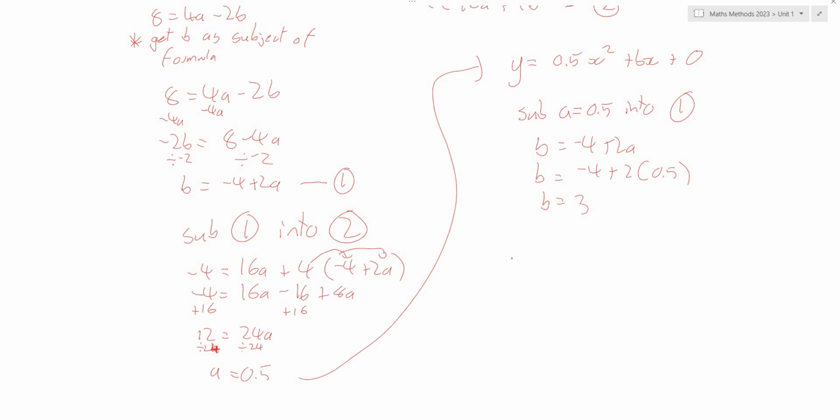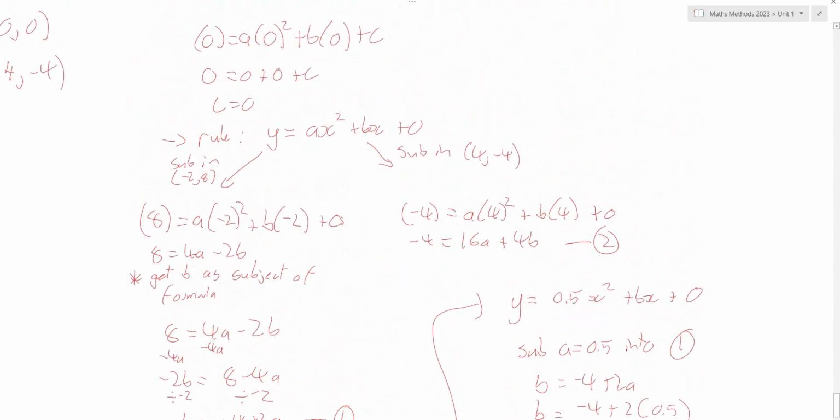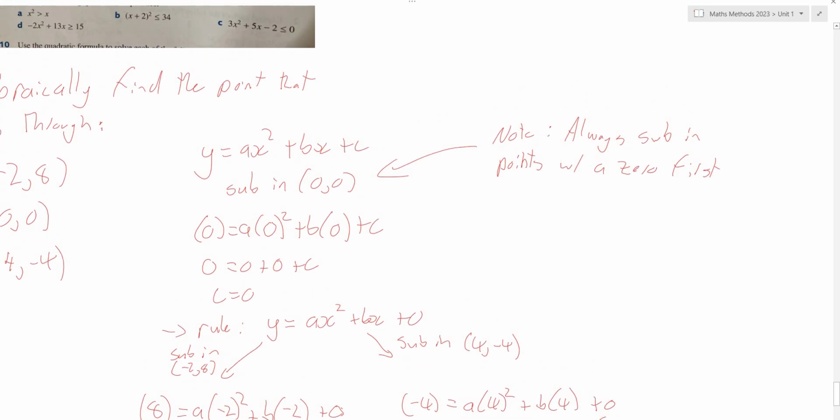Which gives us my rule, y equals 0.5x squared plus 3x plus 0. Now, is that the rule we came up with when we solved this visually? So originally we started this whole adventure with every quadratic looks like that.